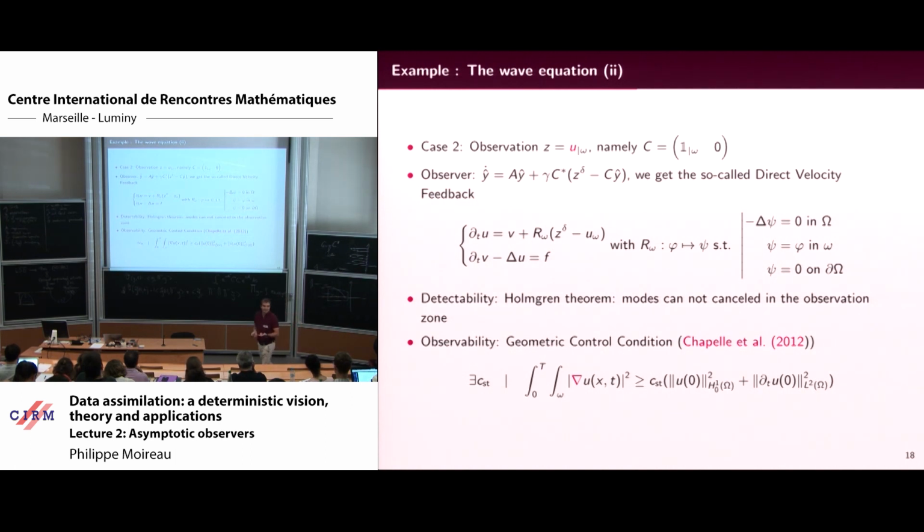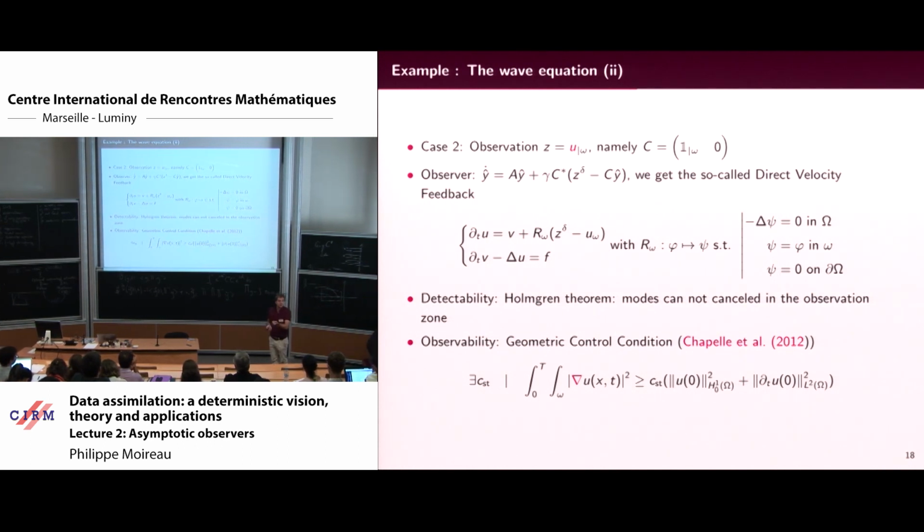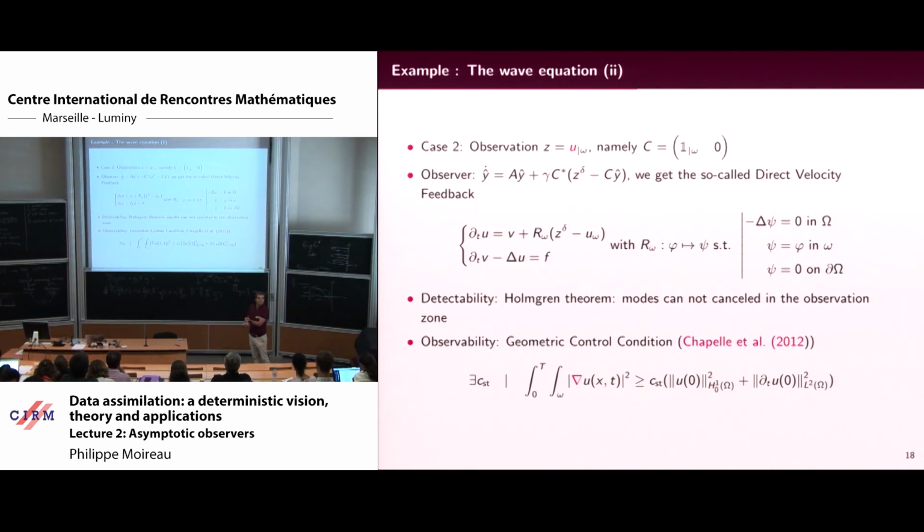So it will mean that you will have a problem of surjectivity, because you will give me a measure in L2 and I need an H1. When you study this type of geometric control condition, you understand the regularity that you need for the system to be invertible, so to not be an ill-posed problem anymore. And so you understand the situation where you will have an ill-posed problem.